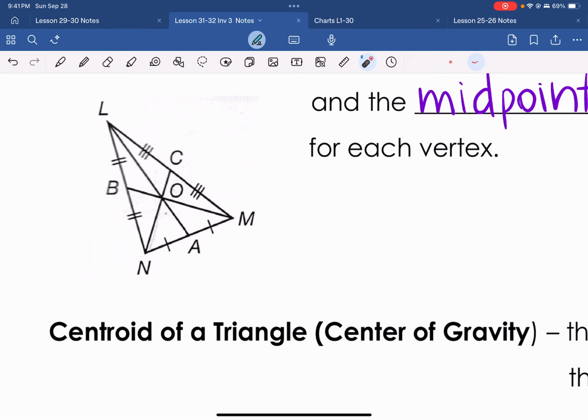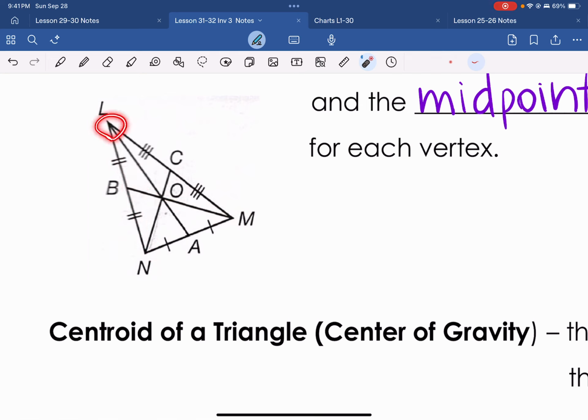These are each called medians. Do you notice how they go from the vertex to the midpoint of the opposite side? See how C is the midpoint of LM? And then from the vertex of M to the midpoint of the opposite side, LN.